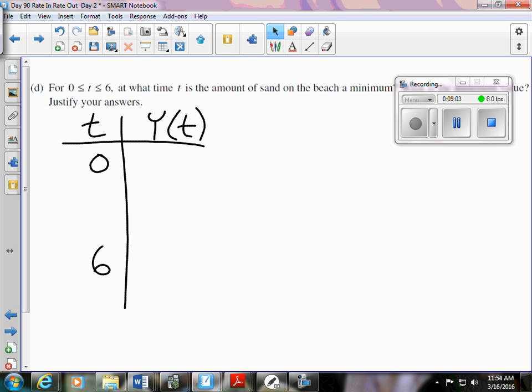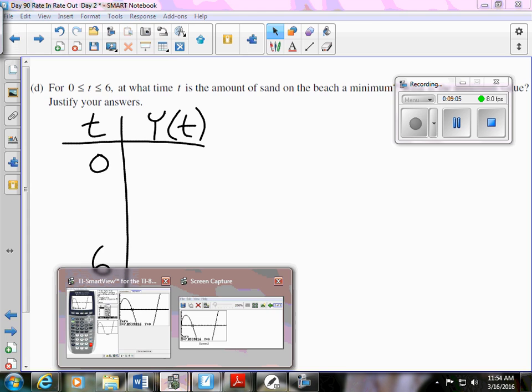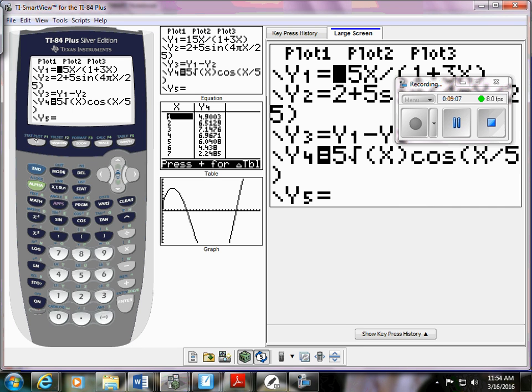It's a good idea. Get that out of there. So you should have your rate in Y1, your rate out in Y2. Make Y3 rate in minus rate out, Y1 minus Y2. You want to put that in there.